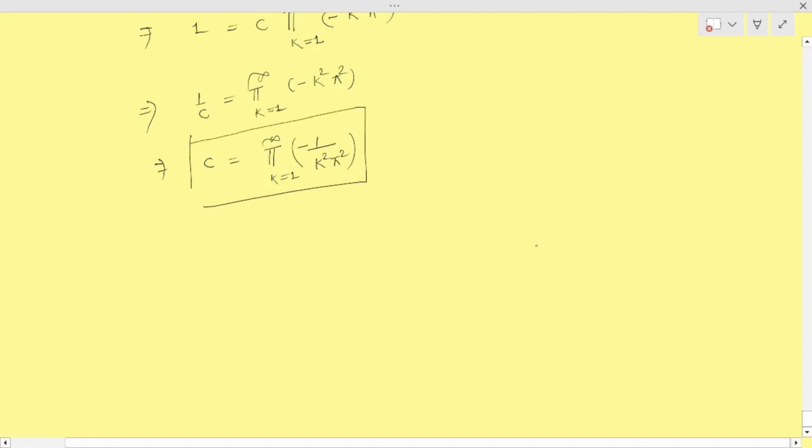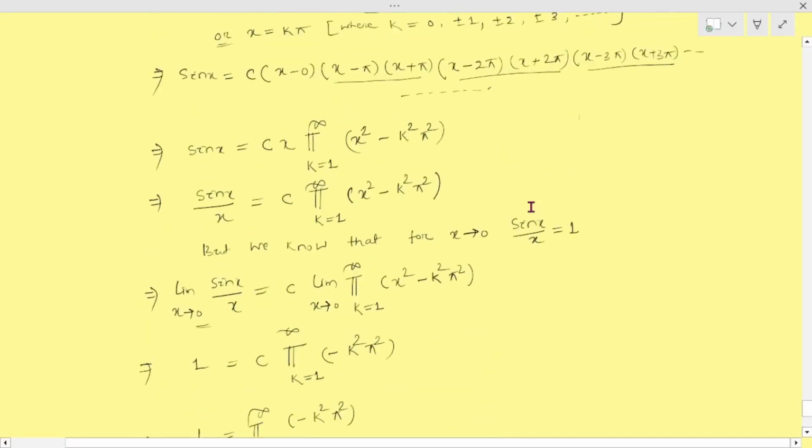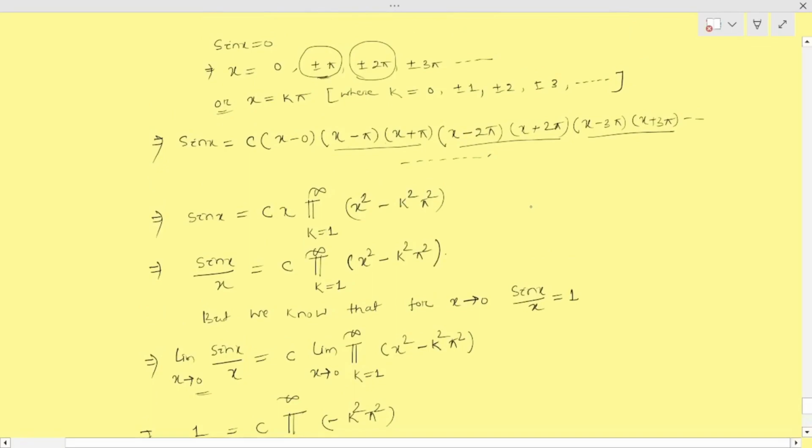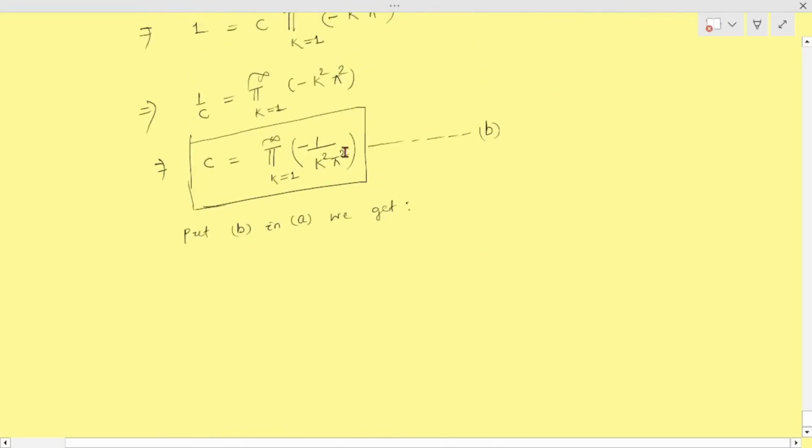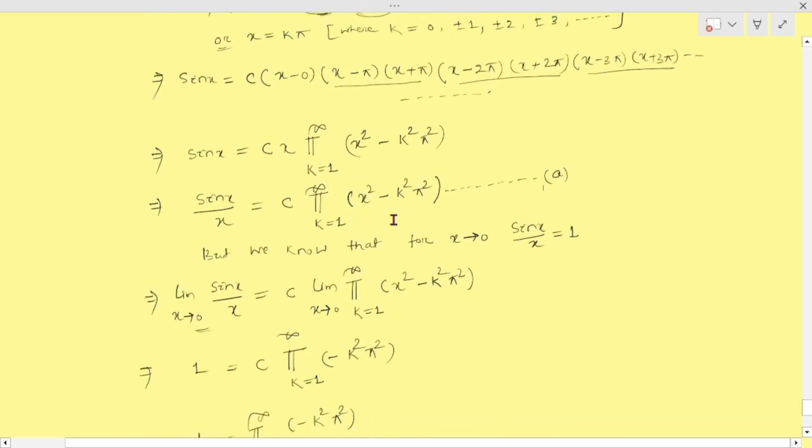Now it will be better to label the equations. Let this be equation number b, and this one, sin x by x, is equation number a. Now we have to put the c value from equation b into equation a.